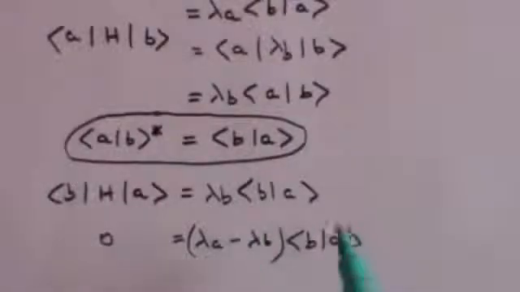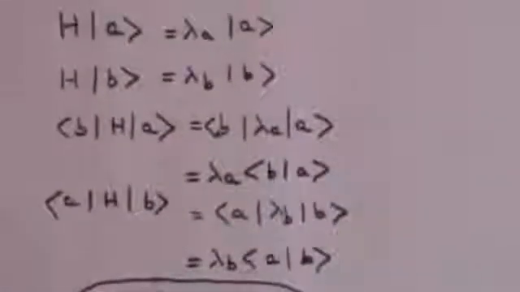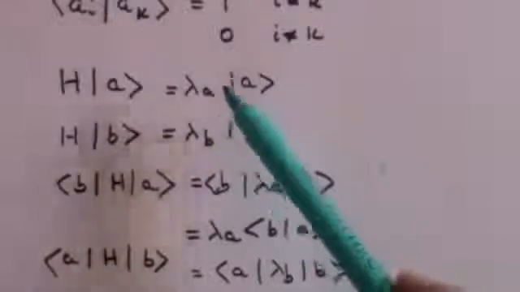Now, in order for that product to be equal to 0, either that term or that term has to be equal to 0. Well, we've already established that lambda A and lambda B are separate and different because they are different eigenvalues associated with different eigenvectors. So lambda A and lambda B are different.